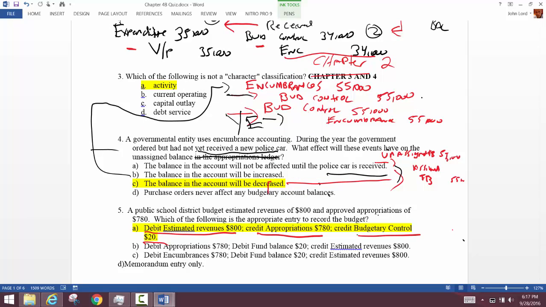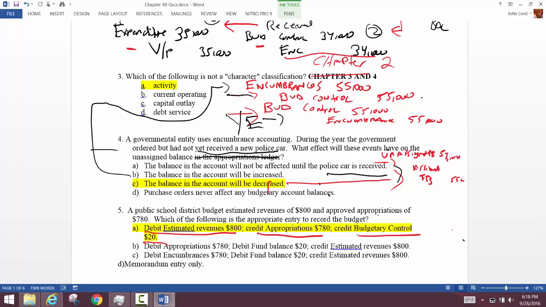Okay. When we order goods during the year, what journal entry are we supposed to make when we order goods? Debit the encumbrance. I'll tell you what, let me do it this way. This government gets $100,000 of appropriation, and they have estimated revenue of, we'll make it, 110,000.